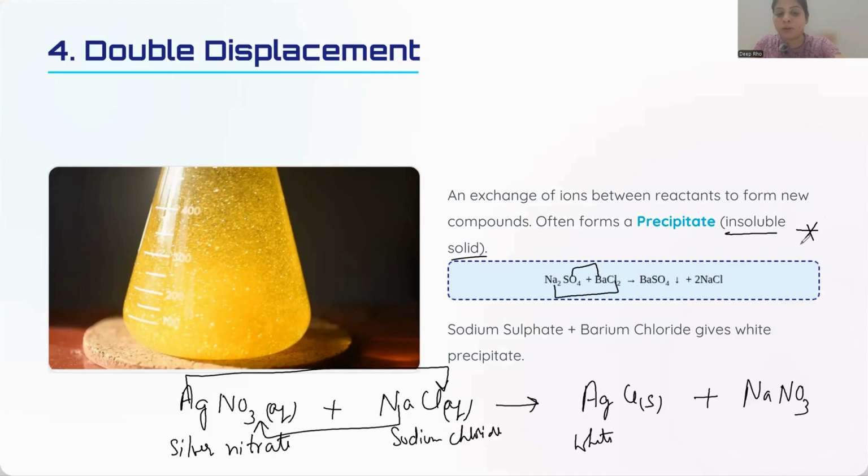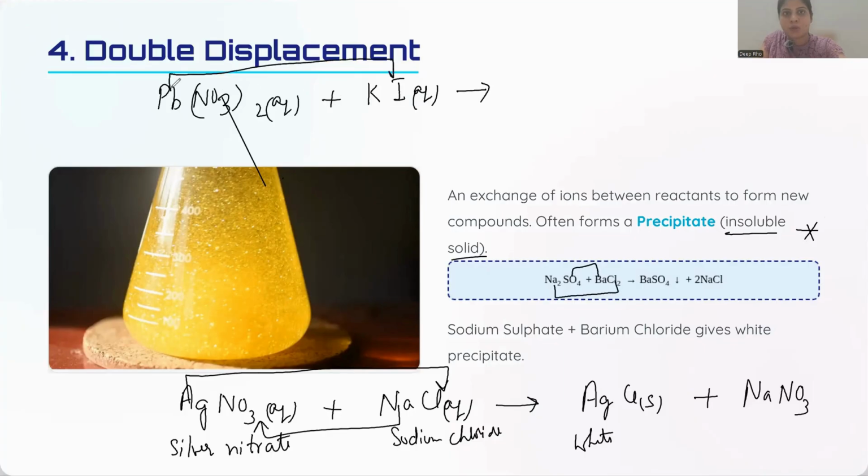Let's do one more example of double displacement. Lead nitrate, Pb(NO3)2, reacting with potassium iodide. What is it going to form? PbI2, I told you there is an exchange of ions. Lead iodide along with the formation of potassium nitrate.